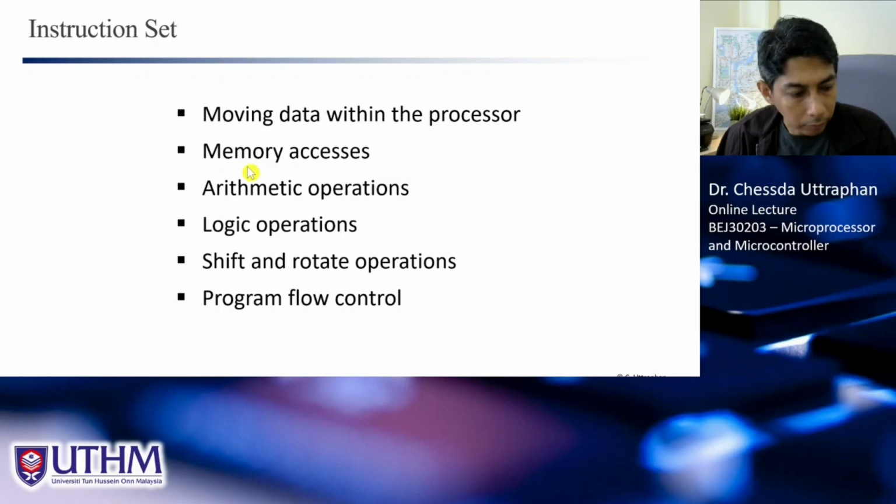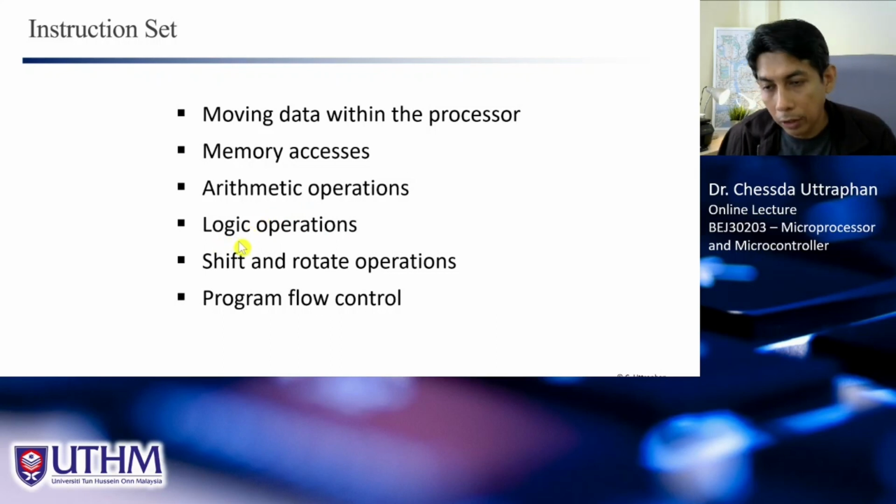Next we will look at memory access instructions: how we get the data from memory and how we send the data to memory. And the arithmetic operations, which are very important in a microprocessor. How do we perform arithmetic operations on the data that we have? We will look at what instructions are available for this operation.